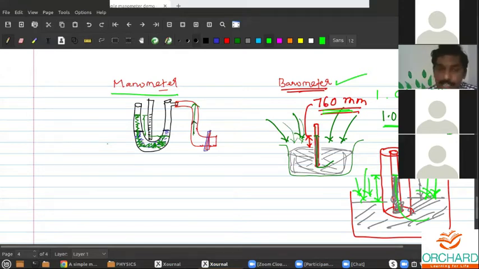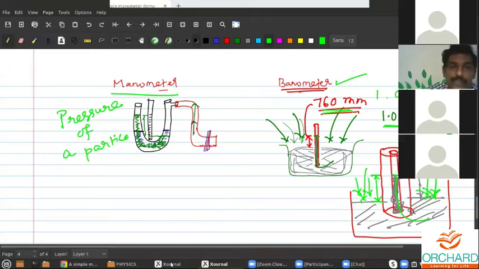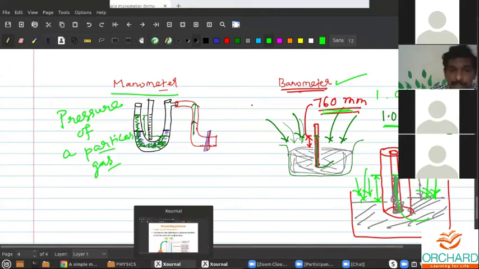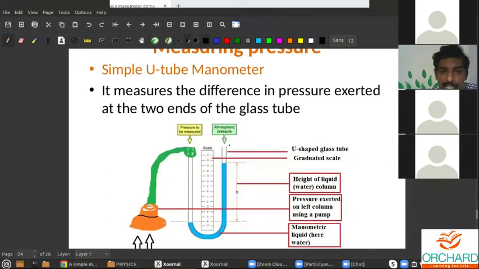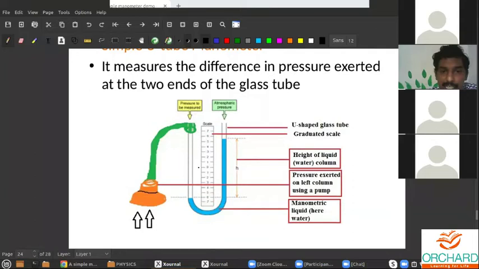Now I will show you the diagram, and then I will show you the video. This is the structure of a manometer given in our book. It contains a U tube, some liquid, and some measurements on the scale, and you have a rubber tube to give some more pressure inside the left-hand column of the glass tube.